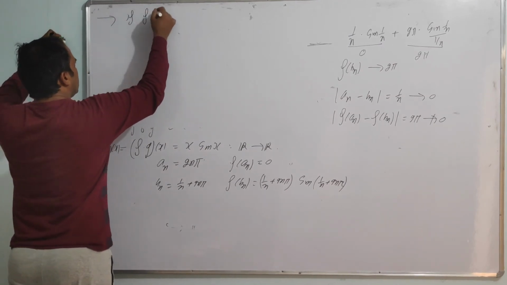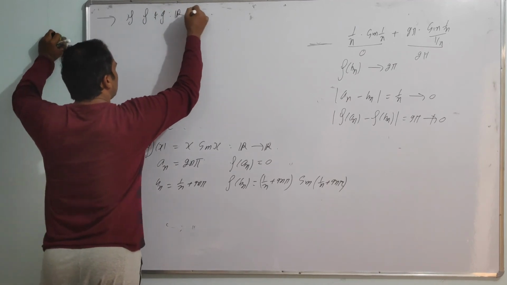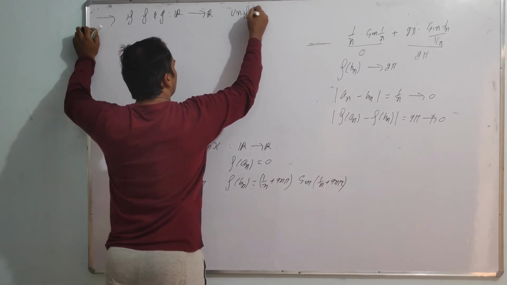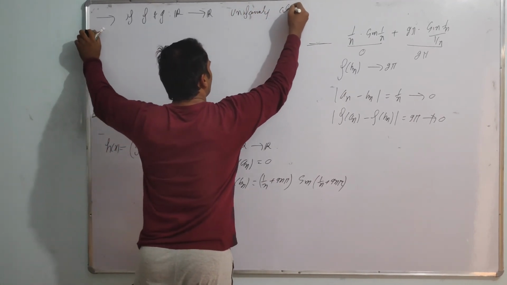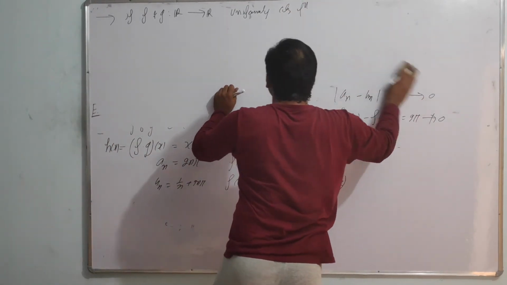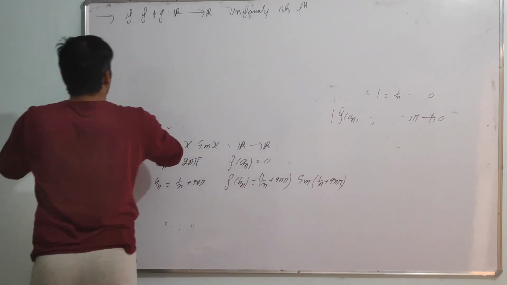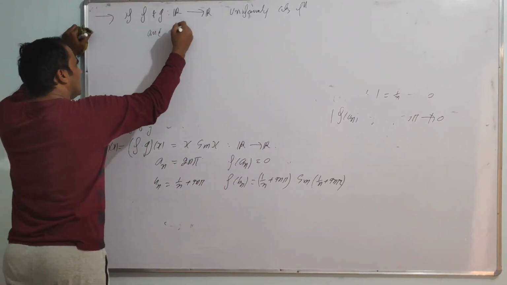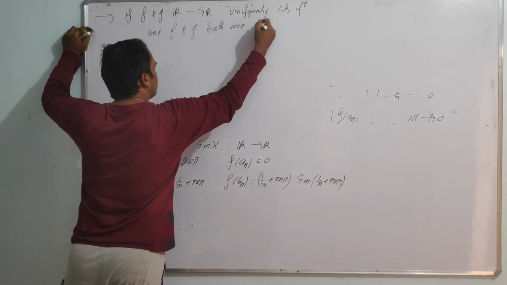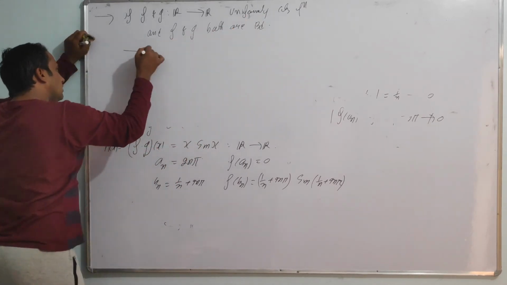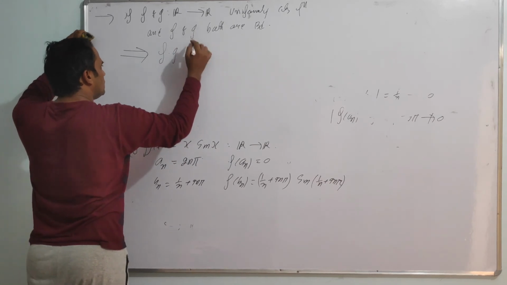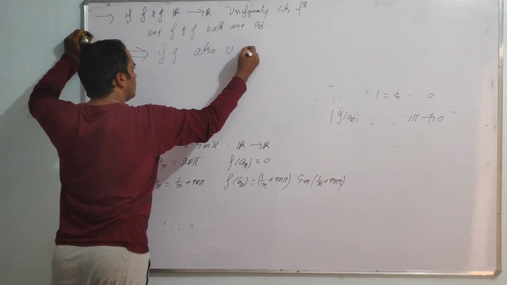If f and g both are functions defined from R to R, both uniformly continuous, and f and g both are bounded, then it always implies that f times g is also a uniformly continuous function.